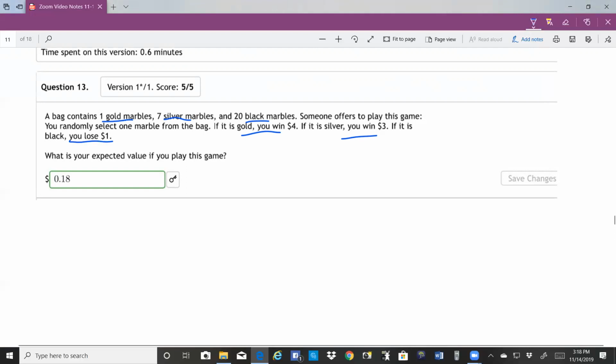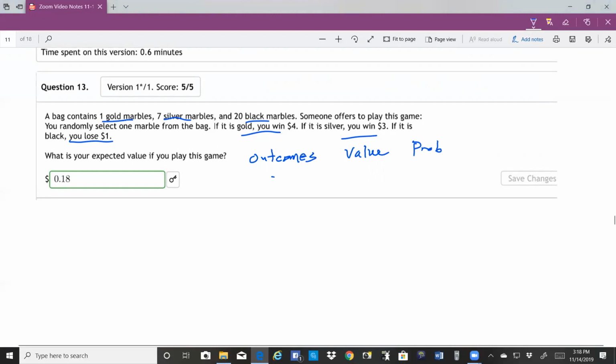So to calculate the expected value, we need to look first at the outcomes, all the possibilities, and then the value of that outcome, and then the probability of that outcome.